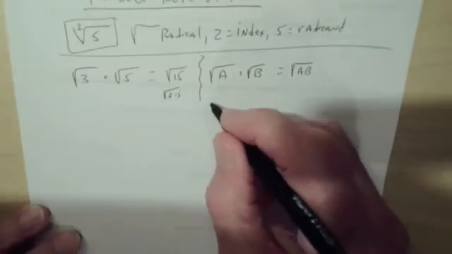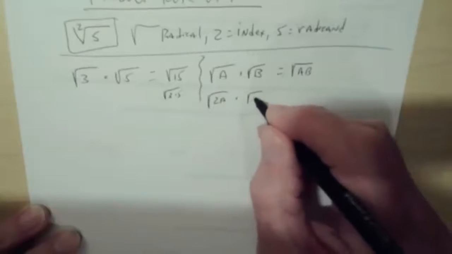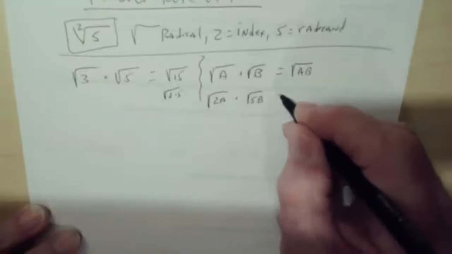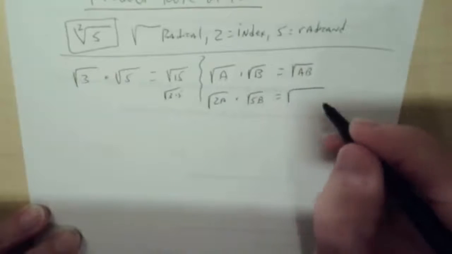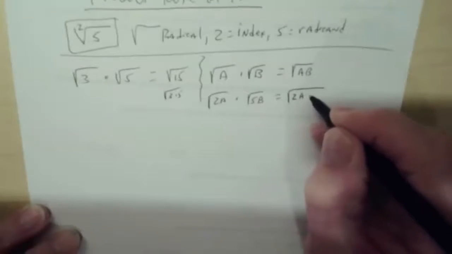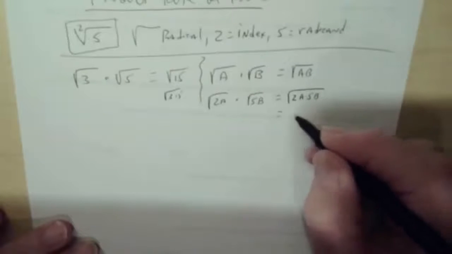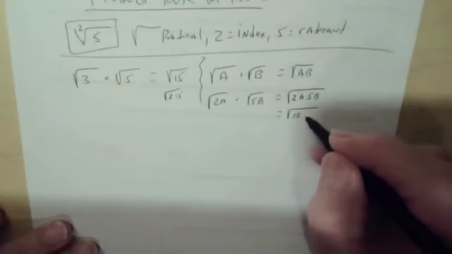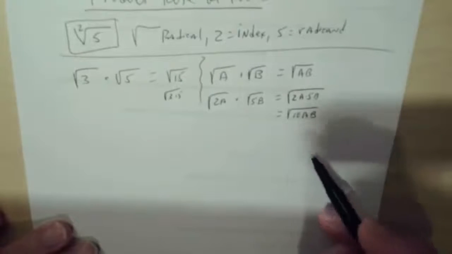Now, what if we have the square root of 2a times the square root of 5b? Okay? We can write this under the same radical. 2a times, excuse me, 5b, which is the square root of 10ab.